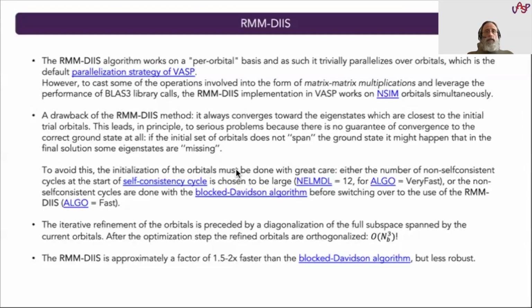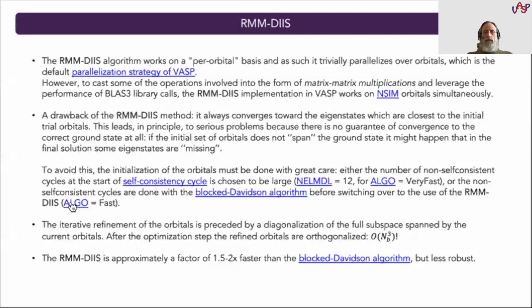So to avoid this, we either use the Bloch-Davidson algorithm to construct the trial orbitals. The trial orbitals are essentially filled with random numbers, and then we do a few steps of Bloch-Davidson optimization of them to get reasonable orbitals, and then RMM-DIIS kicks in.